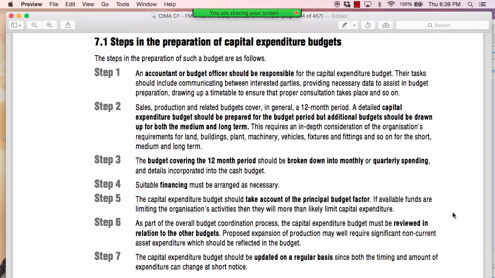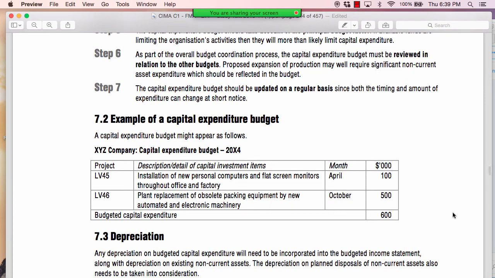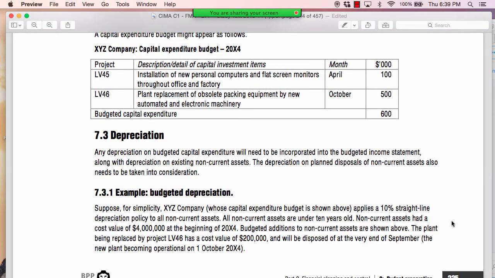And that's why we're looking at getting these capital items into our budget, which will also help us improve our sales.